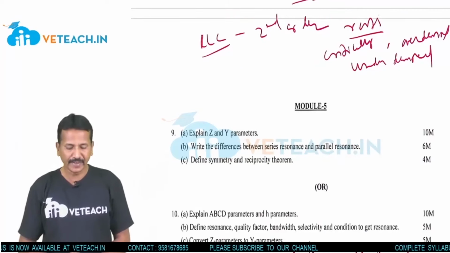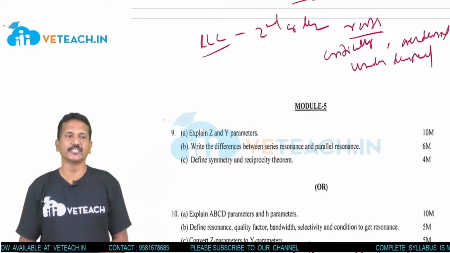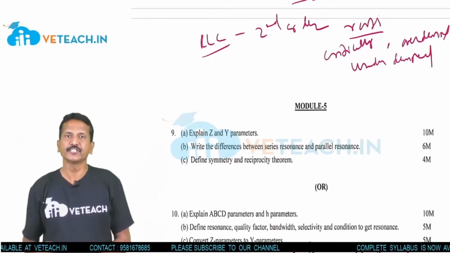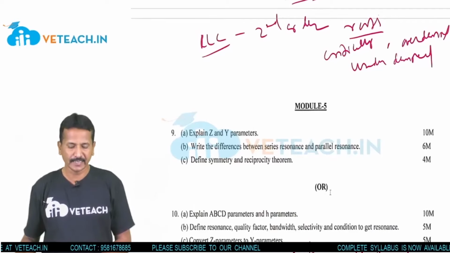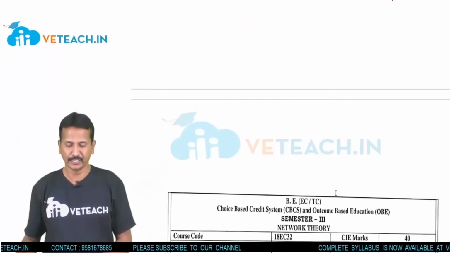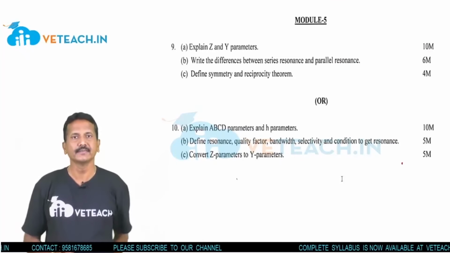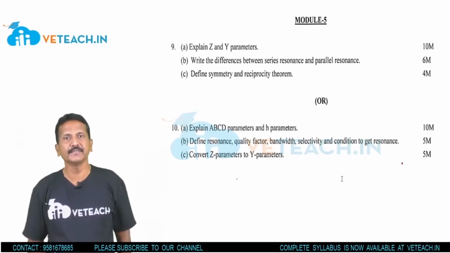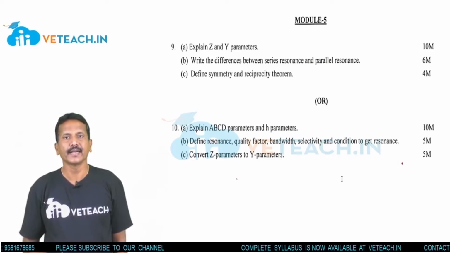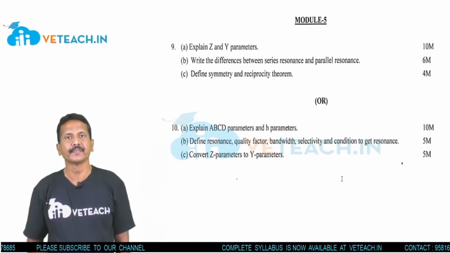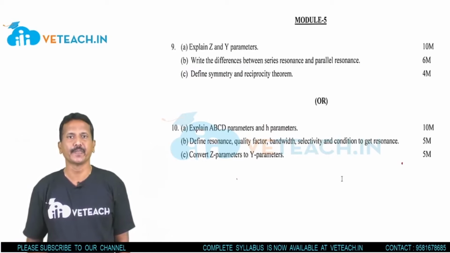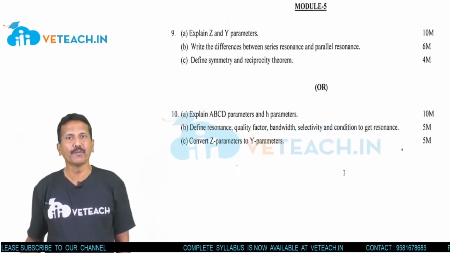Write the differences between series resonance and parallel resonance. Yes, differences between series as well as parallel resonance. Resonance depends upon the frequency. The condition is XL is equal to XC. It is a purely resistive circuit with unity power factor.